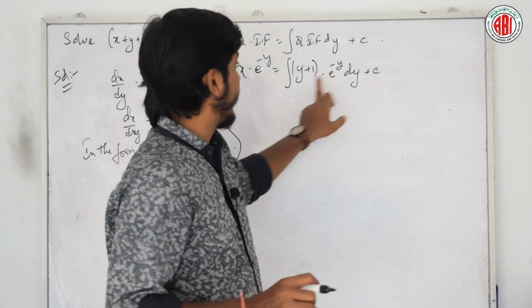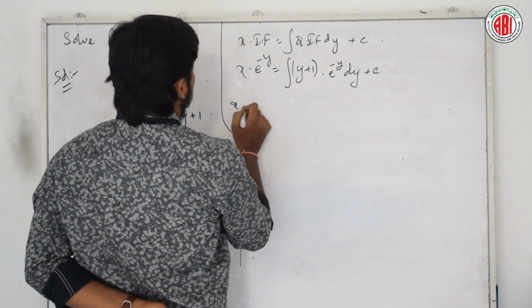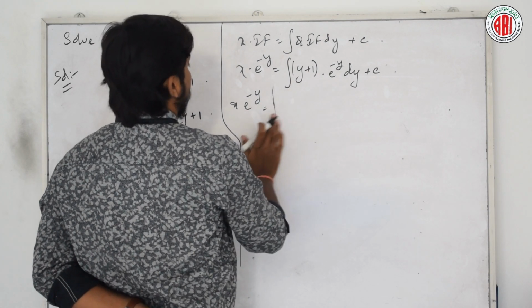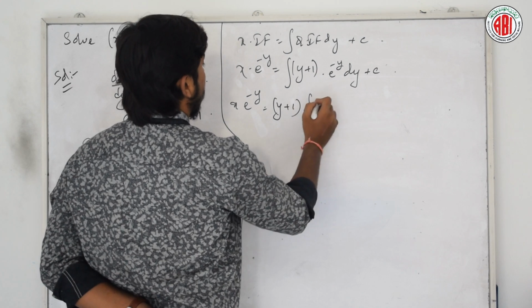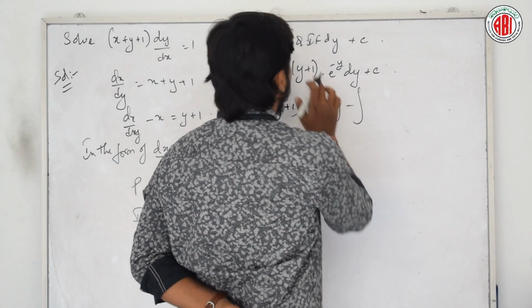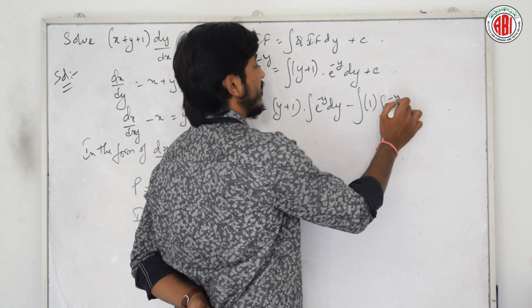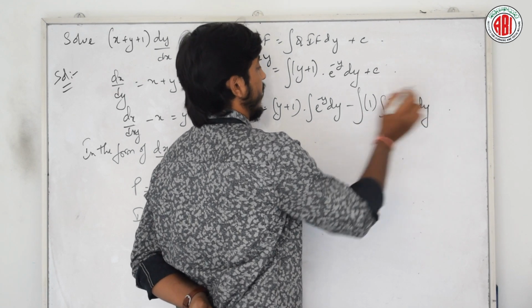Now, we have to integrate this term. How do we do x e power minus y? Here let us take the uv rule. U integral v dx minus integral of the differentiation of u, that is 1, into integral of e power minus y dy.